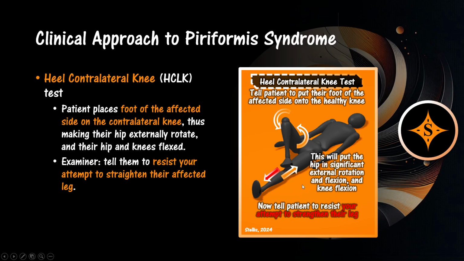And then you tell the patient to maintain this position against your pull. You try to straighten the leg and tell the patient to not let you do that. This will induce the pain, the piriform pain, in the case of Piriformis syndrome, which will result in a positive test.